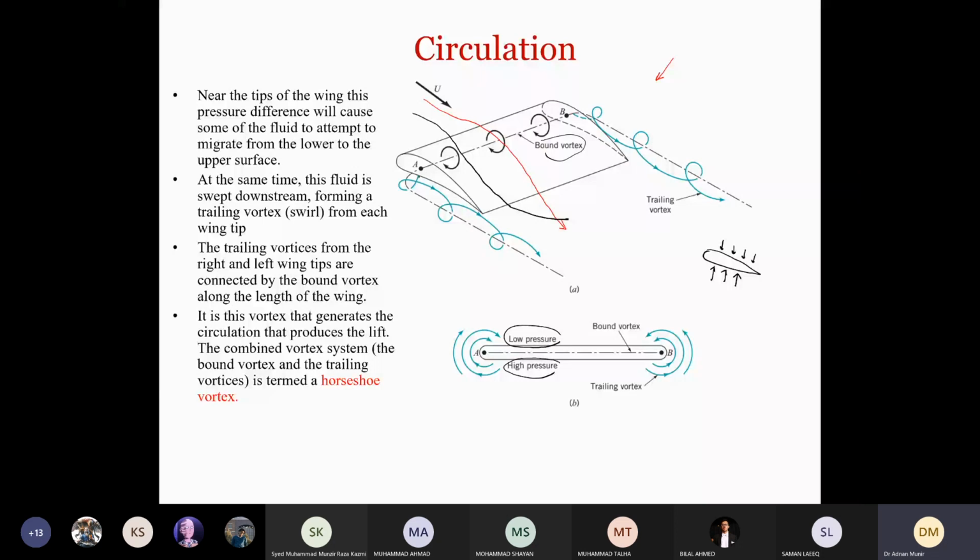That means the flow particles will move from the high pressure, which is below, to the low pressure on top at the wing tips, like this. This is also called 3D effects.